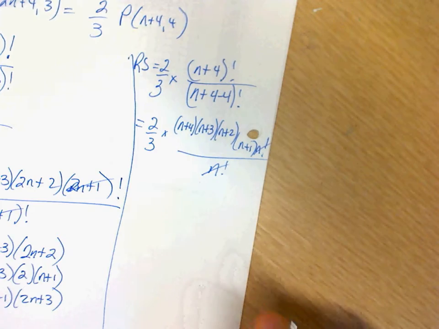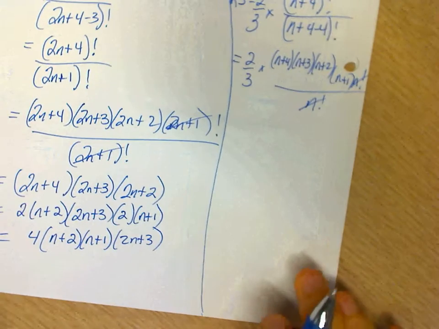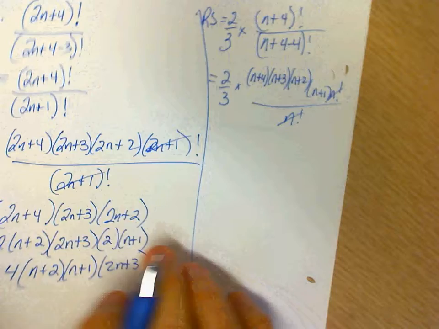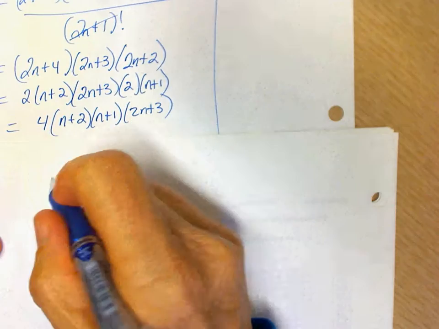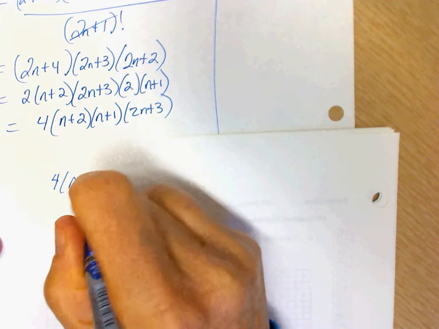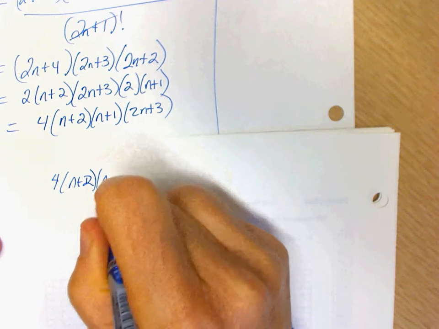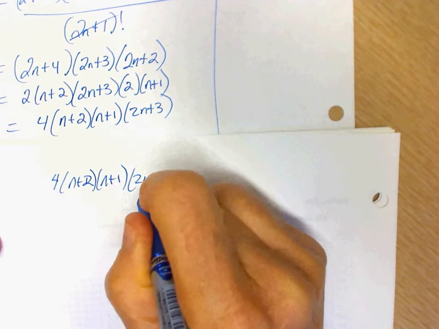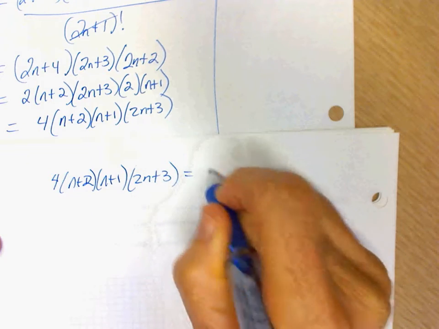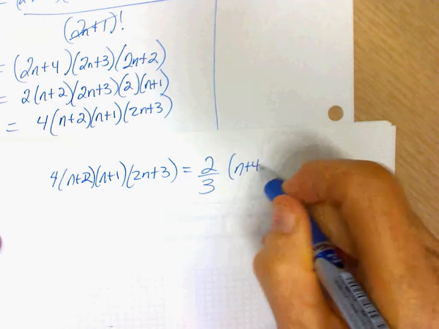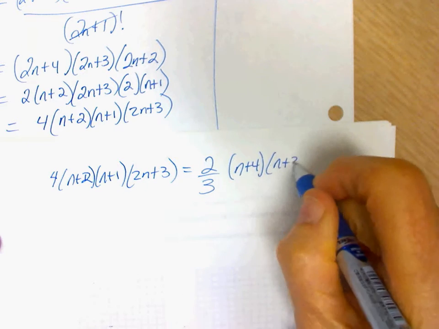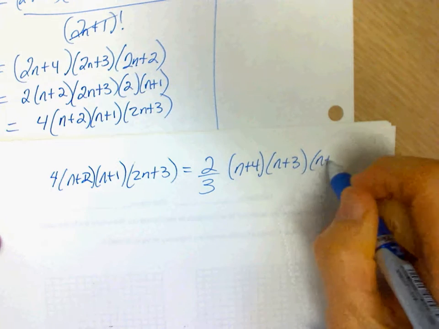So let's equate those two guys, shall we? Okay, we have 4 times n plus 2, n plus 1, 2n plus 3 equals 2/3 times n plus 4, n plus 3, n plus 2, n plus 1.